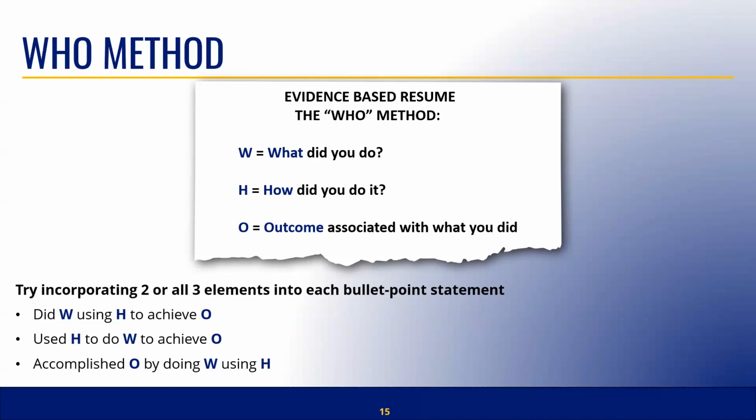And then the O is for the outcome that is associated with that specific duty or that specific responsibility that you had. It is recommended to incorporate 2 or all 3 elements into a bullet point statement. For instance, did W by using H to achieve O, used H to do W to achieve O, or accomplished O by doing W using H.